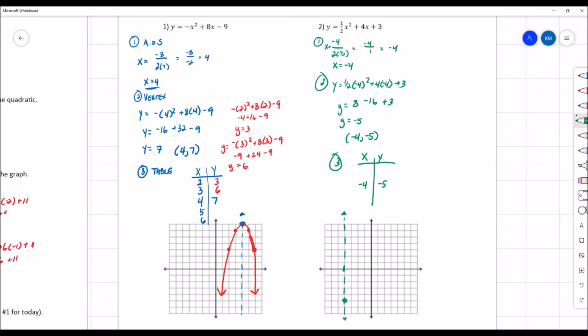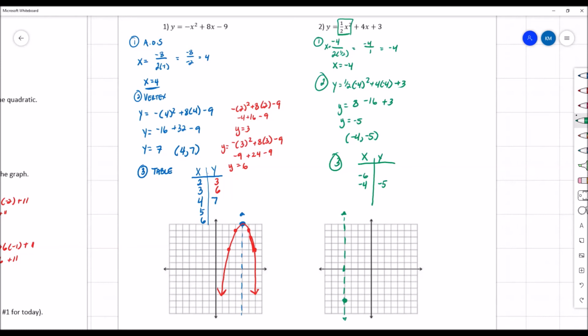Notice that our square value here is going to get multiplied by 1/2. We never really like graphing decimals or fractions, so I'm going to choose x values that don't turn out to be decimals or fractions when I multiply by 1/2. That means I'm going to choose even numbers.